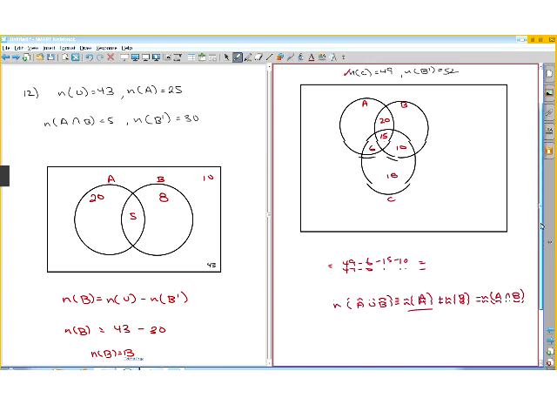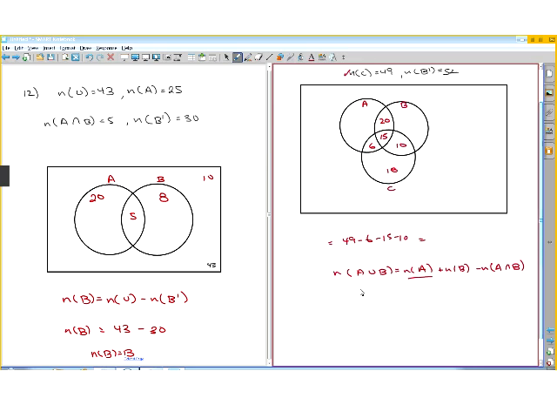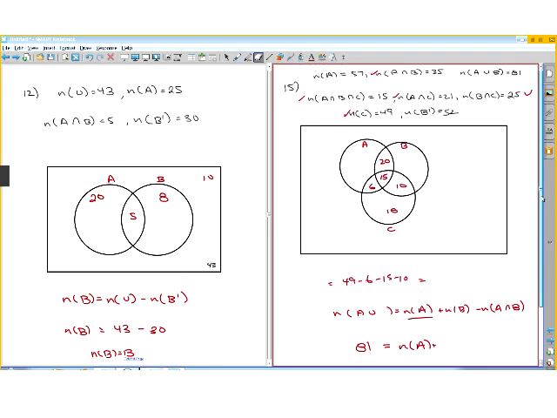Because we're given this part, I think we're just told the union of A and B is 81. So we know this is 81. We're solving for that. The number in B is all these three things added together. I think we're actually given that. Actually, this is A and C, so let's do C here. Oh, okay.